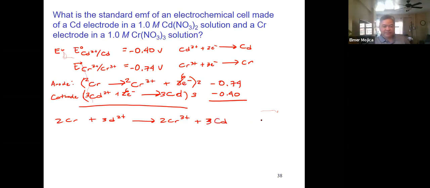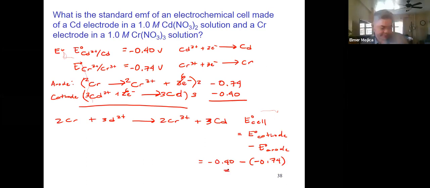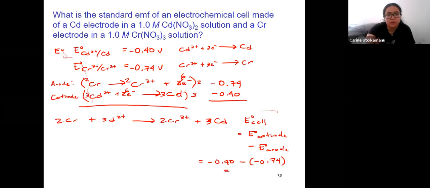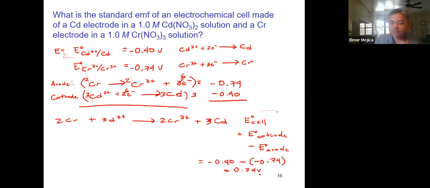Now what is the cell potential that I have? All I need to do is determine what is the cathode and subtract the anode. The cathode that I have is the cadmium. So I have negative 0.40 minus negative 0.74. So what do I get? 0.34. So you get this one.